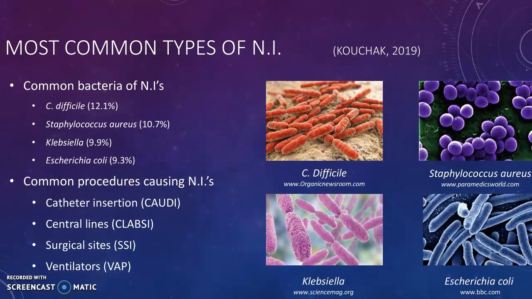There are many types of nosocomial infections patients can acquire, but today we will be discussing the most abundant and common ones seen in healthcare. A survey conducted in 183 United States hospitals with 11,000 patients reported that 4% of patients had at least one nosocomial infection, with the most common microorganism being Clostridium difficile, or C. diff.